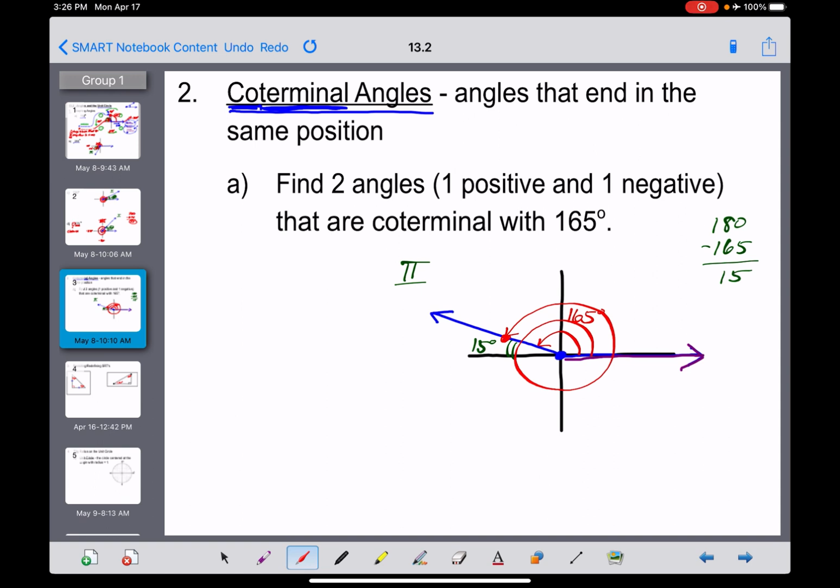What I want everybody to notice is, let me undo that and do this one more time. Follow the red this time. We went 165 degrees. Then we kept going another complete circle and ended at the exact same spot.